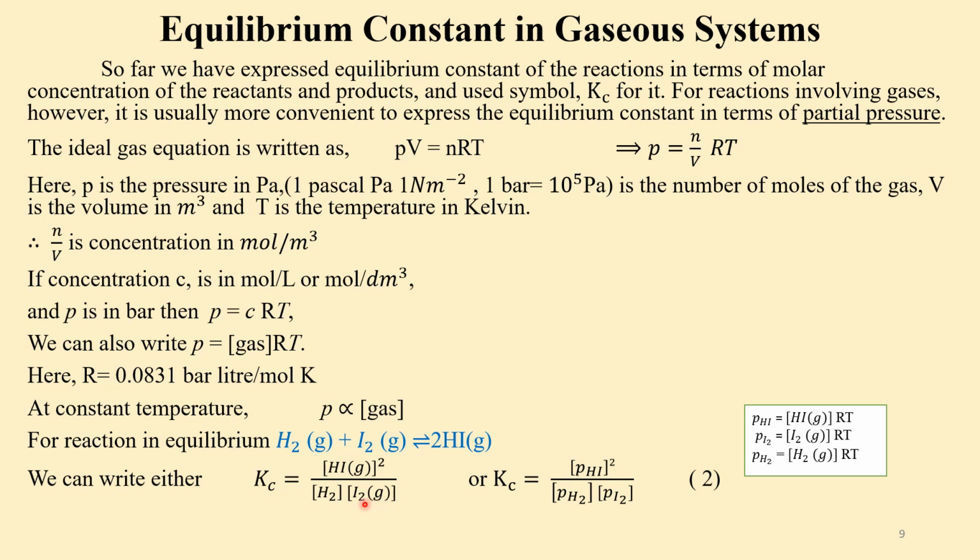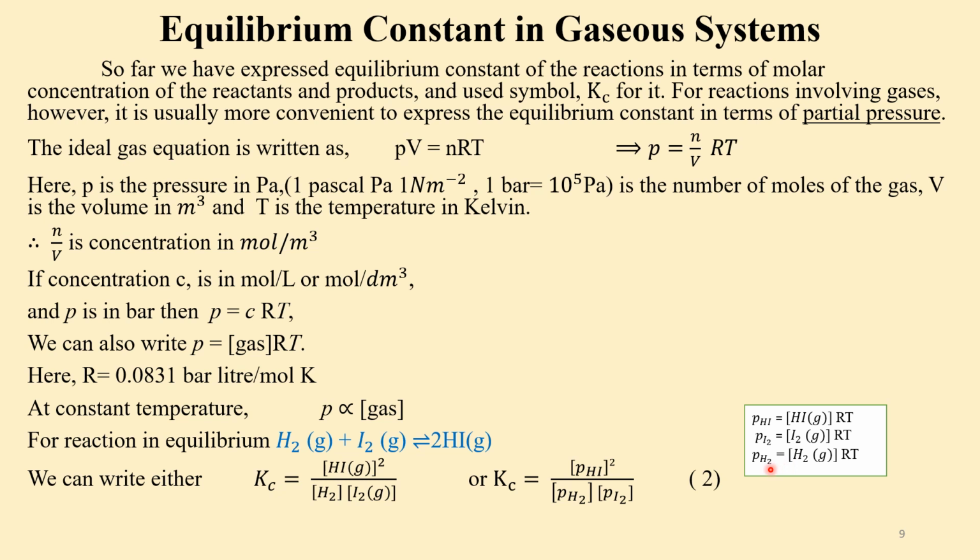Or we know that since concentration is proportional to the pressure, that is HI gaseous into RT can be written as PHI, and I2 is equal to I2 in gaseous state into RT.